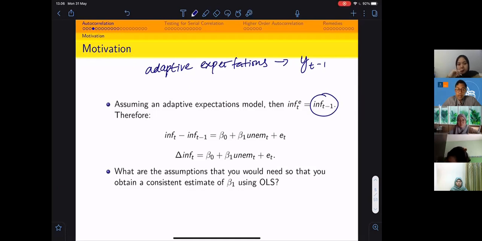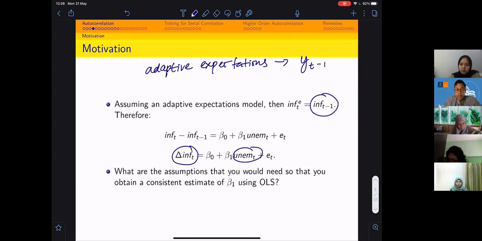I think that's one of the more interesting things, but for today's lecture, we're just going to focus on adaptive expectation. So if we regress the difference between inflation and the adaptive expectation on unemployment, then we may obtain a better estimate than when we just regress inflation on unemployment.